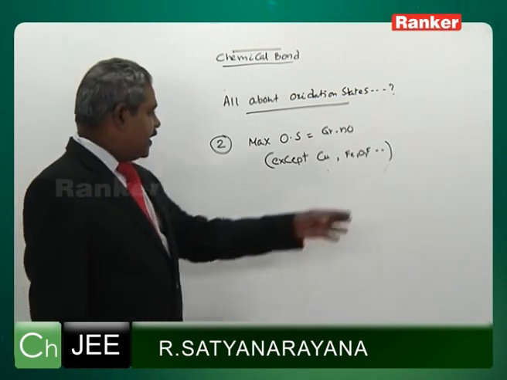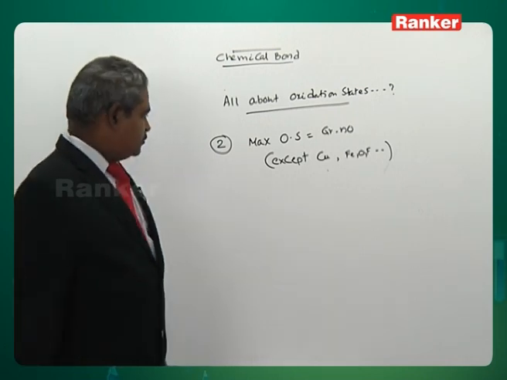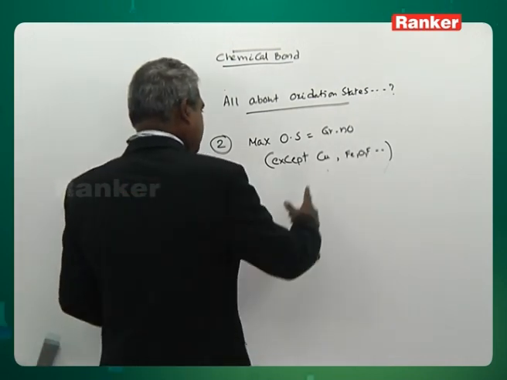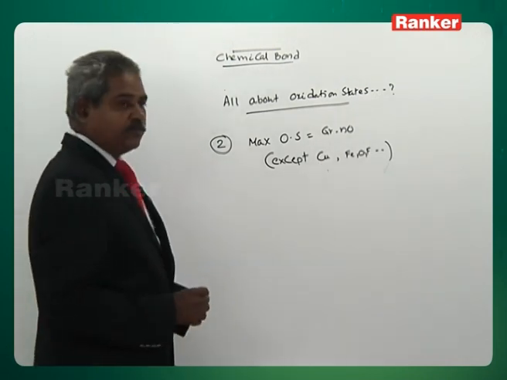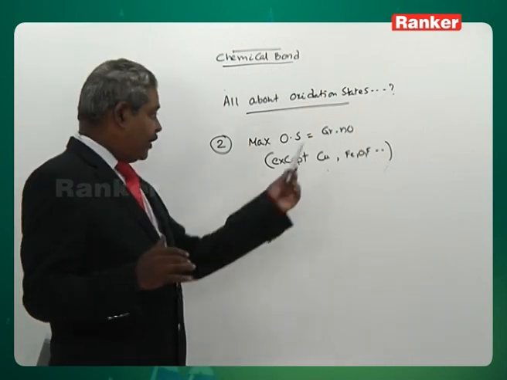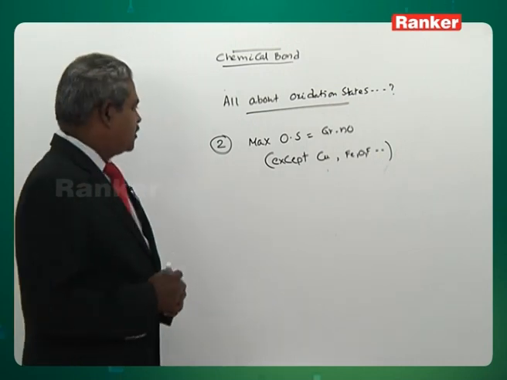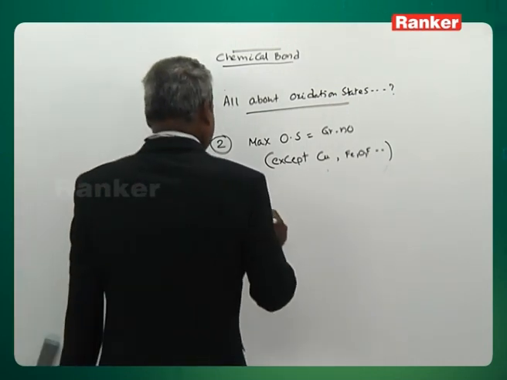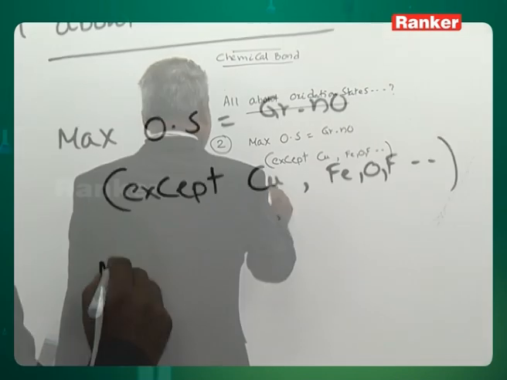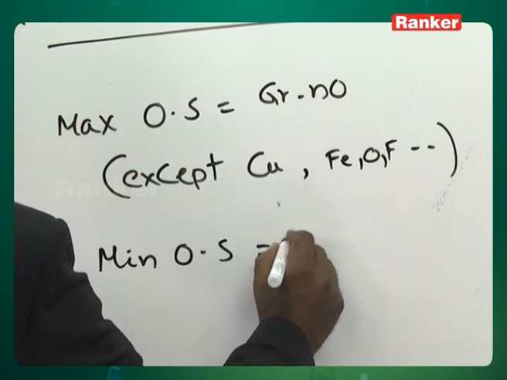Oxygen can exhibit up to +6, but it doesn't, that is a different matter. But copper is definitely an exception, because copper belongs to 1B and it cannot go beyond +1 according to this rule, but copper indeed exhibits +2 oxidation state. Now, maximum oxidation state. Minimum oxidation state is equal to group number minus 8.